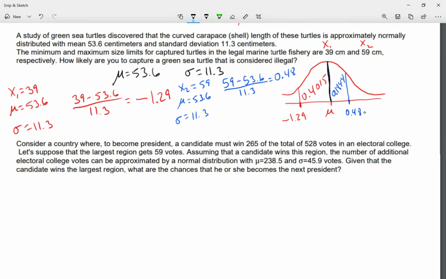So 0.4015 plus 0.1844. And I'm gonna say my legal area, let me just emphasize here, the probability that I get a legal fish is 0.5859.